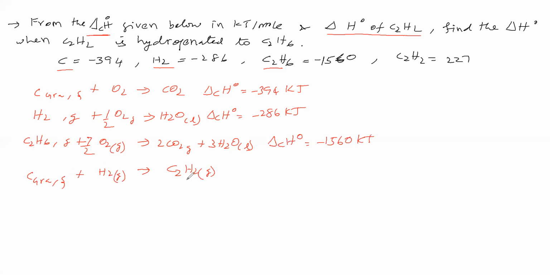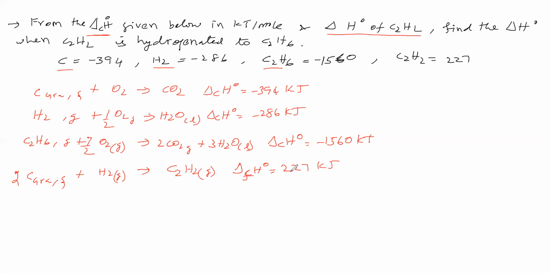Then we balance the equation by keeping acetylene as 1 mole. For this, delta FH naught for acetylene is 227 kilojoule.